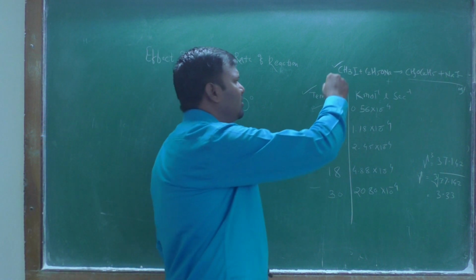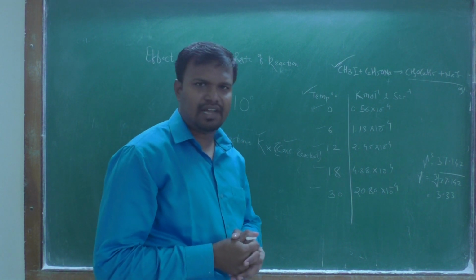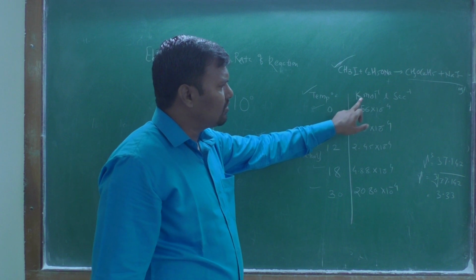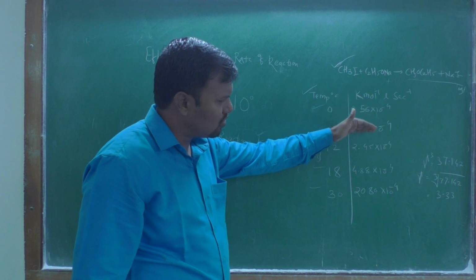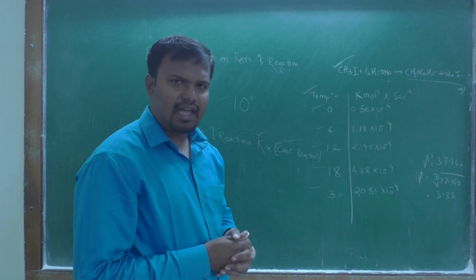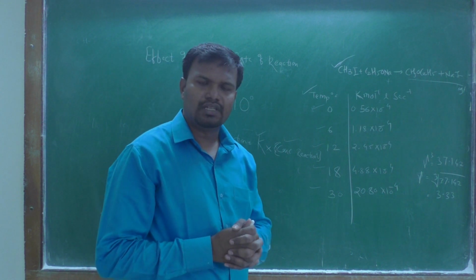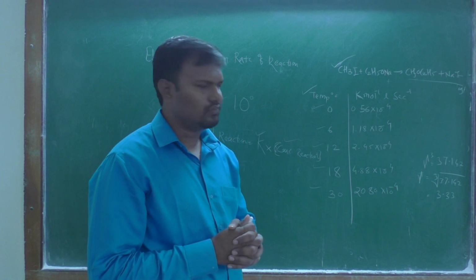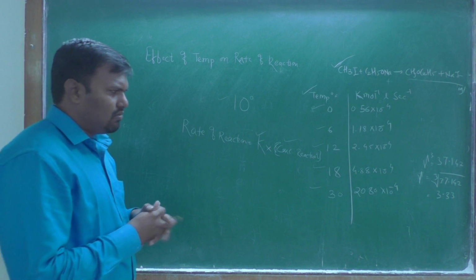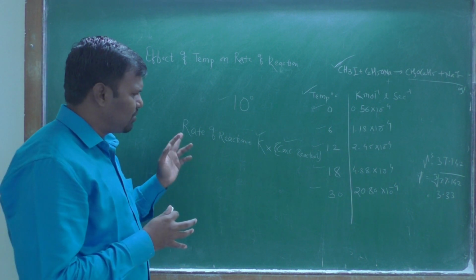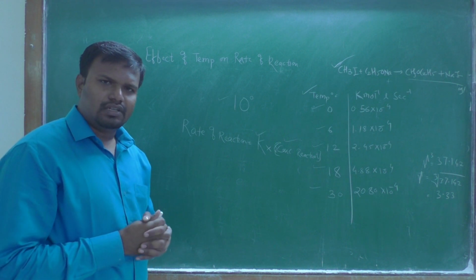By observing this reaction, you can easily say that the rate constant goes on increasing as the temperature goes on increasing. Therefore, as with concentration, as the temperature increases, the rate of reaction also goes on increasing.